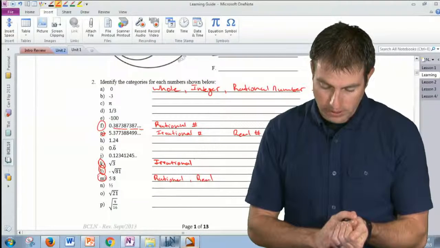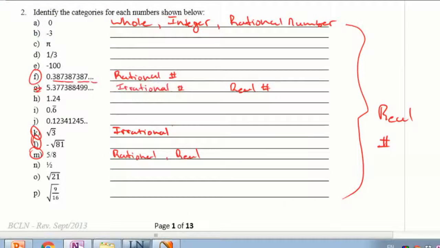Number L is -1. Remember, we can write this as -1 times the square root of 81. We know the square root of 81 is 9, and then -1 times 9. So the answer to this, if we were to simplify, would be -9. And that's an integer, because it's a negative number.